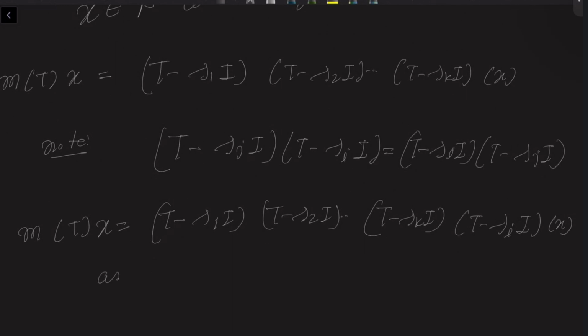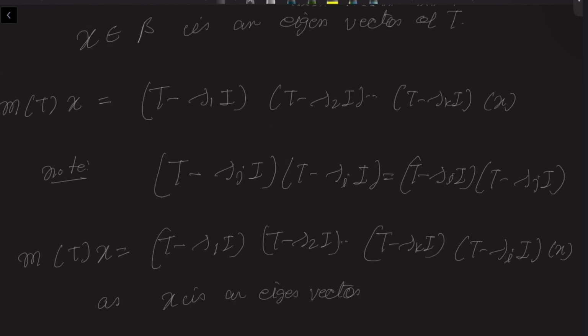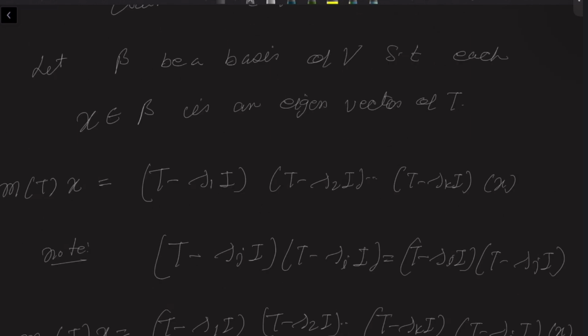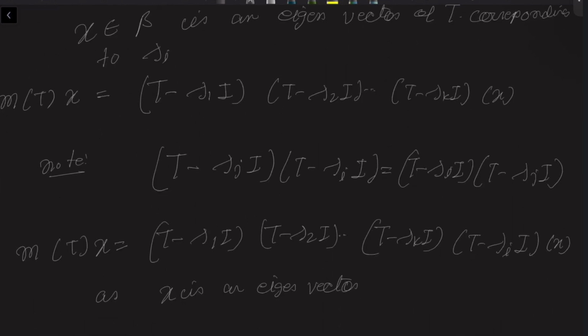Now, x is an eigenvector of t corresponding to lambda I. If there is an eigenvector, there must be an eigenvalue; we always talk about them together.